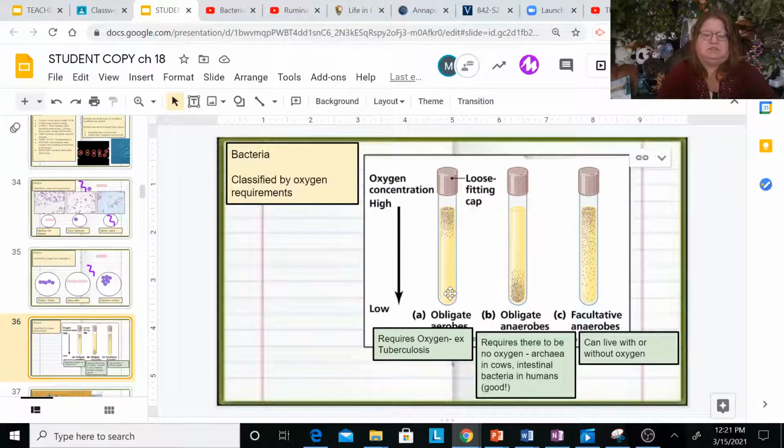Sometimes you can see just fewer bacteria down below, but most of them are going to be at the top. If it's anaerobic, it's going to be at the bottom when there's lower oxygen. That's the only place they're going to be able to survive. And then facultative anaerobes, well, they can grow anywhere. They're going to be growing all throughout that. So they can live with or without oxygen.